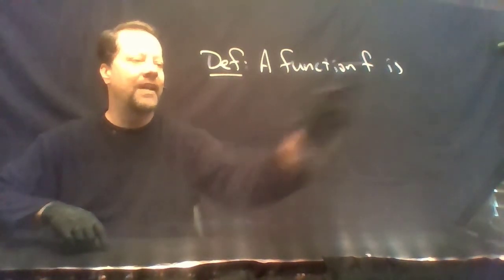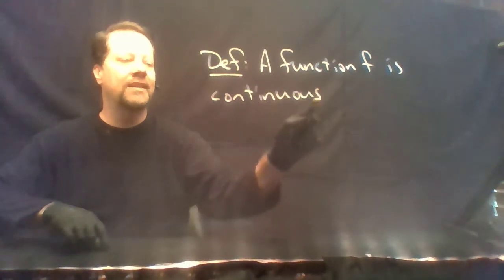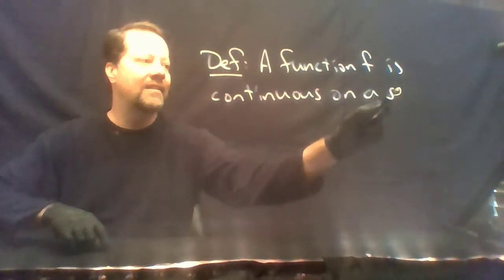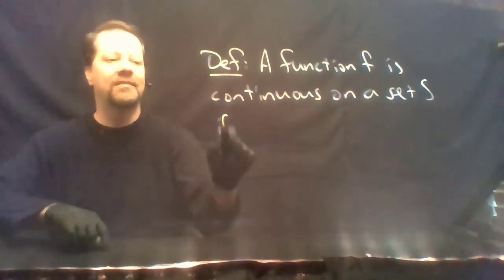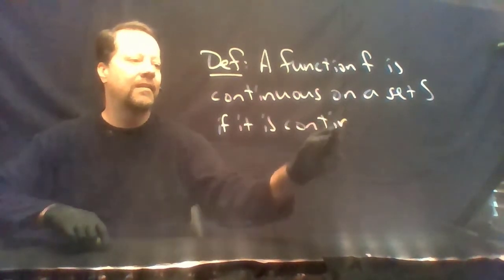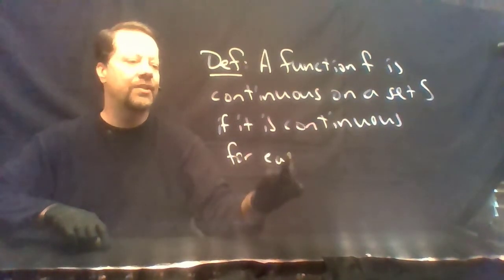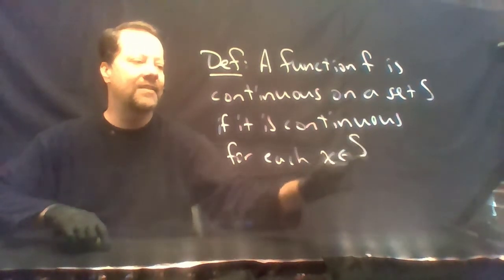A function f is continuous on a set S if it is continuous for each x in S.